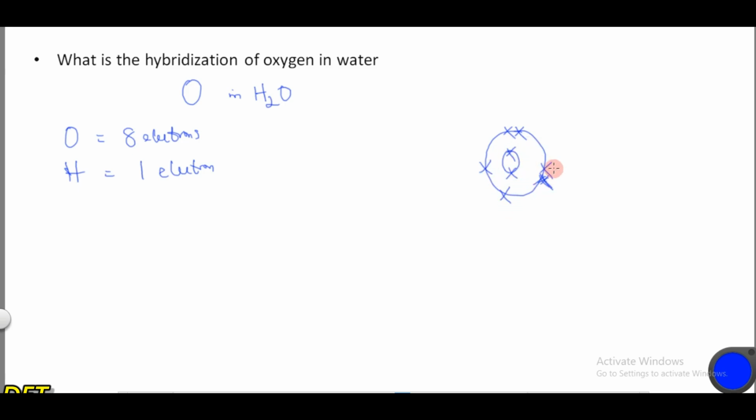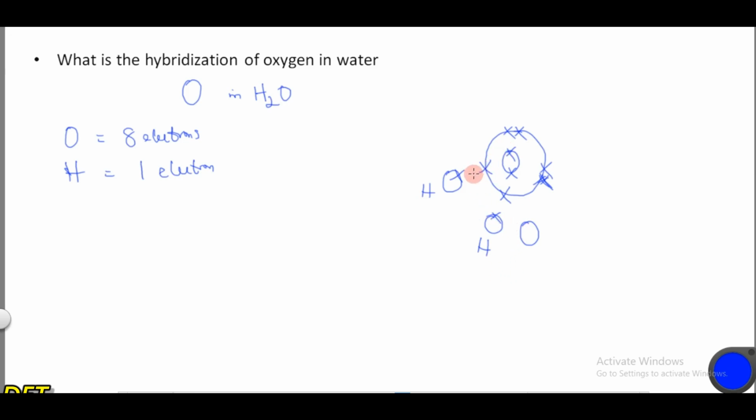So this is the oxygen atom. And then this is hydrogen having just 1 electron, and this is another hydrogen having just 1 electron. Remember, there are 2 hydrogen atoms in water, H2O.